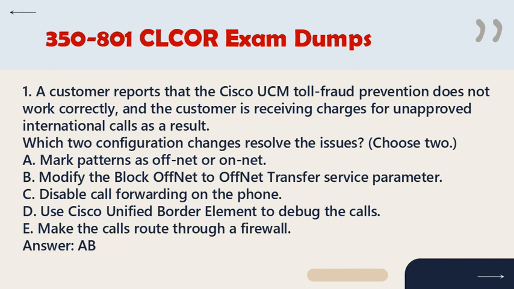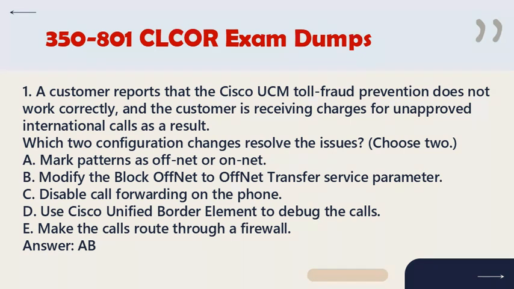1. A customer reports that the Cisco UCM toll fraud prevention does not work correctly, and the customer is receiving charges for unapproved international calls as a result. Which two configuration changes resolve the issues? Choose 2. A. Mark patterns as off-net or on-net.